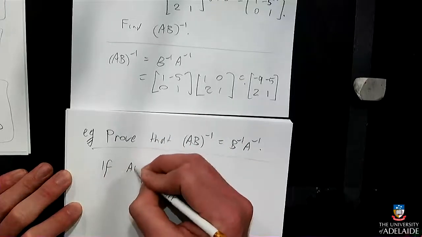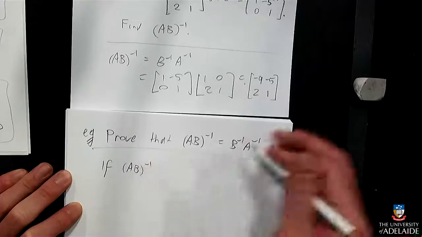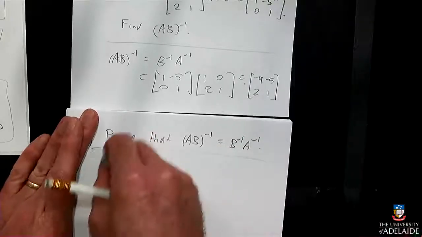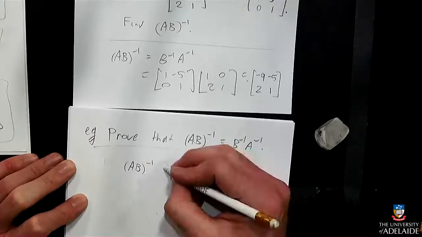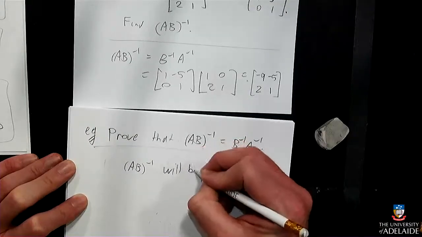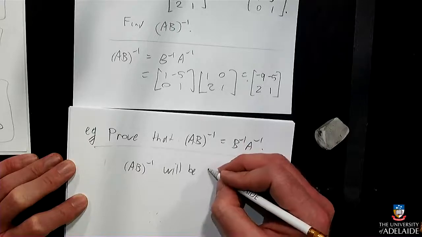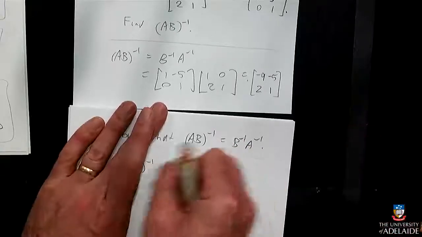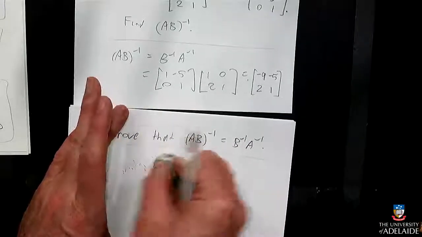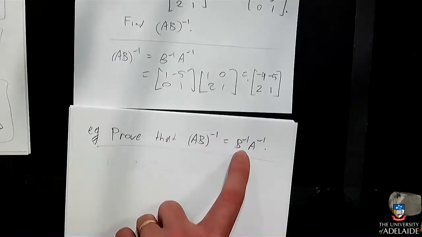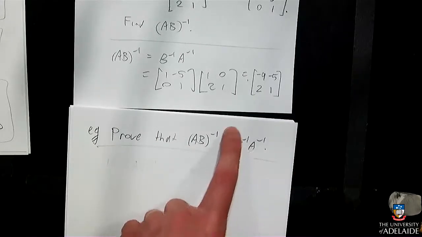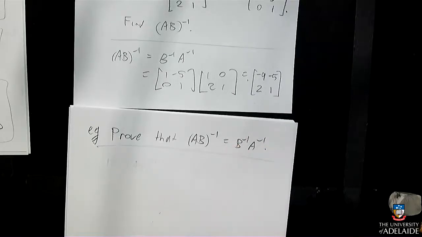So what I should do is this. I don't know how to say it, but I'm just going to say it instead of write it. If this really was AB inverse, then when I times it by AB, it should come out to the identity. And when I times it by BA on the other side, it should come out to the identity.